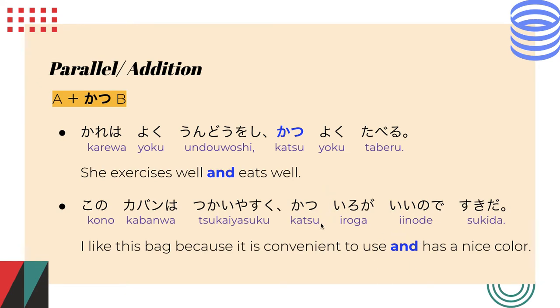And かつ, section B 色がいいので好きだ。I like this bag because it has a nice color. Is the section B.